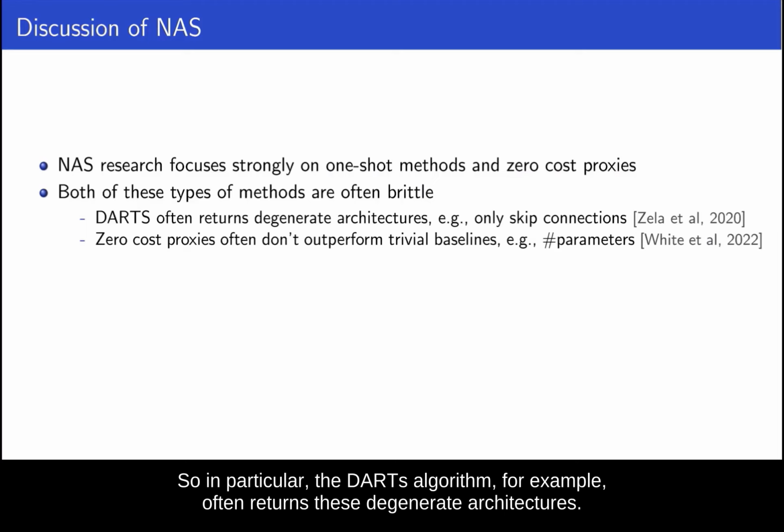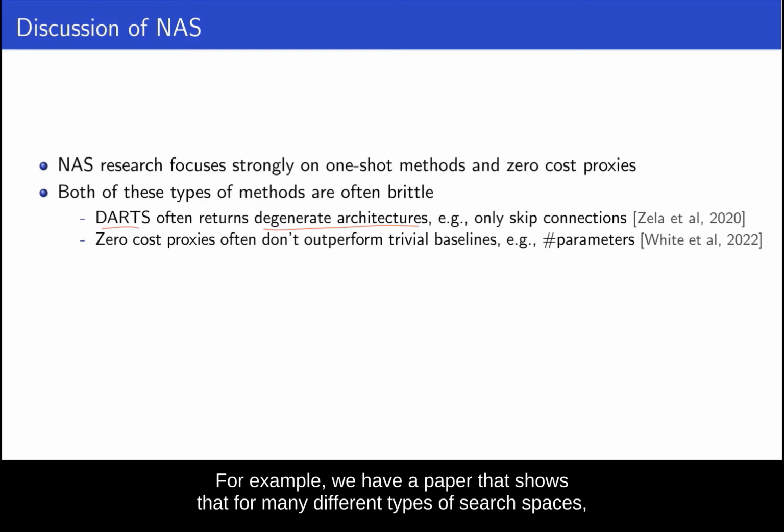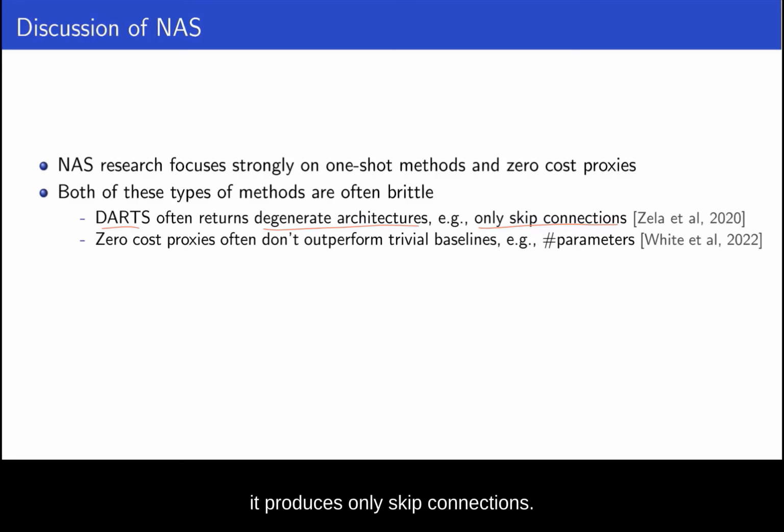In particular, the DARTS algorithm, for example, often returns degenerate architectures. We have a paper that shows that for many different types of search spaces, it produces only skip connections, pretty much the most degenerate architecture you can think of.